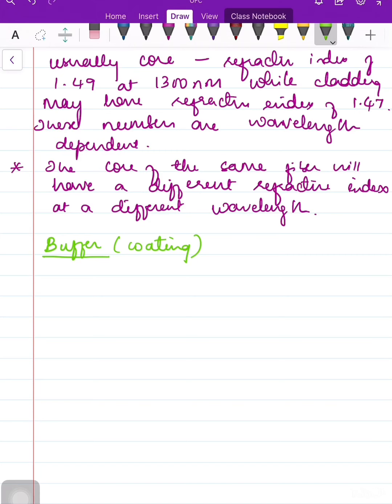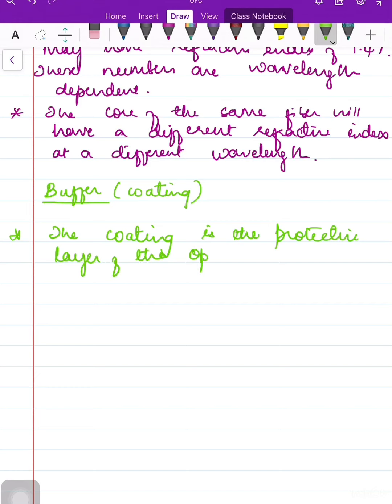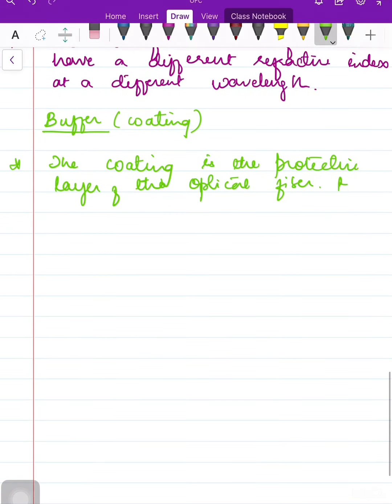We will just note down some points here. So what you can write: the coating or the buffer is a protective layer of the optical fiber. What it does is it absorbs the shocks, scrapes, and even moisture.